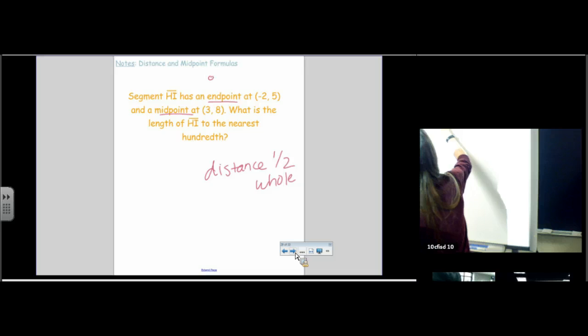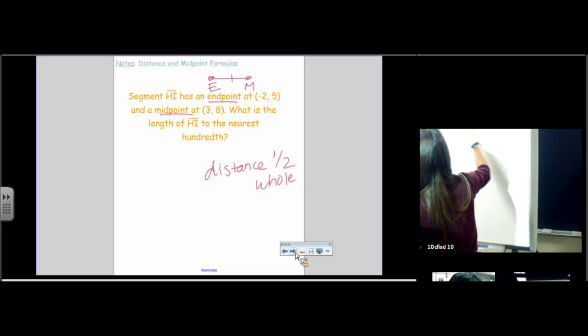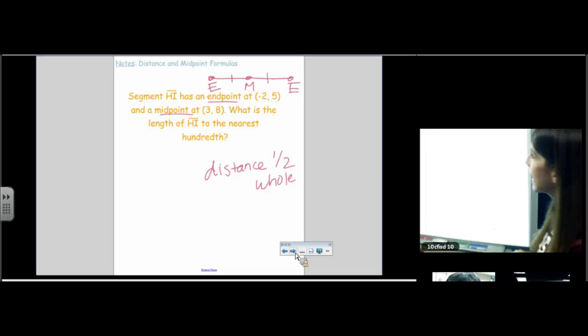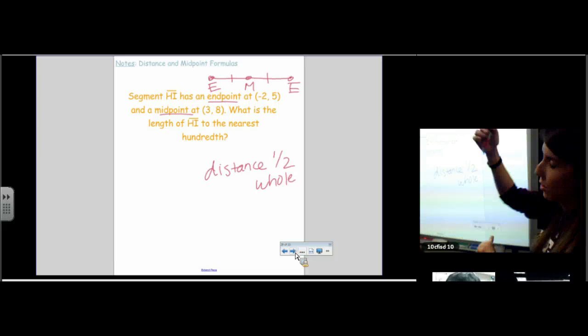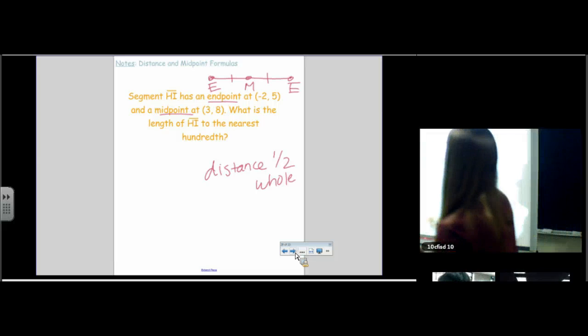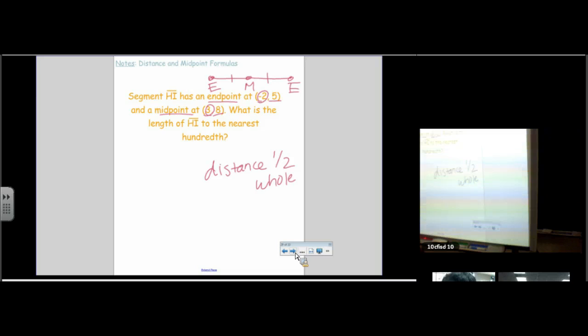Because from end point to midpoint is halfway across, right? So if I can find the distance between those two and then just double it, then that'll give me the length of the whole segment.